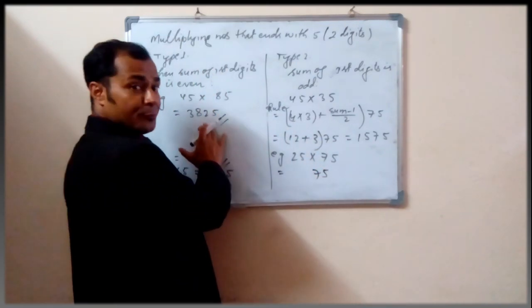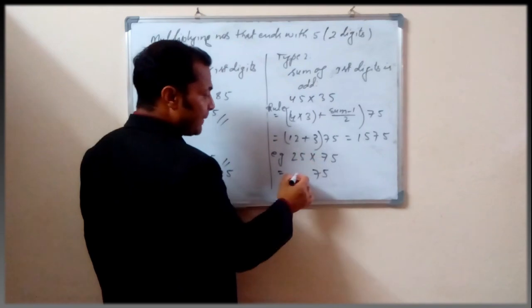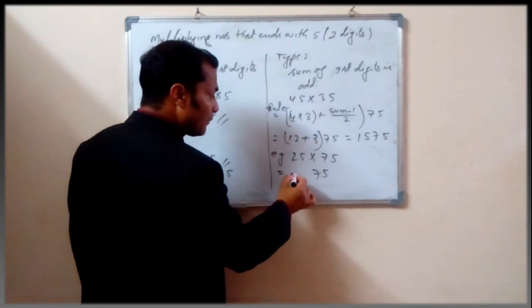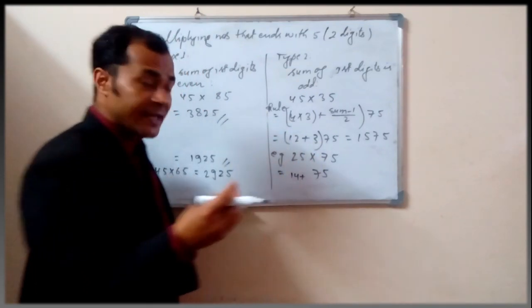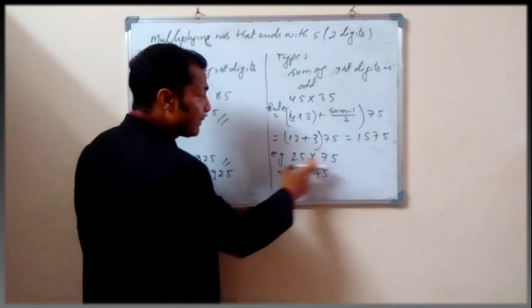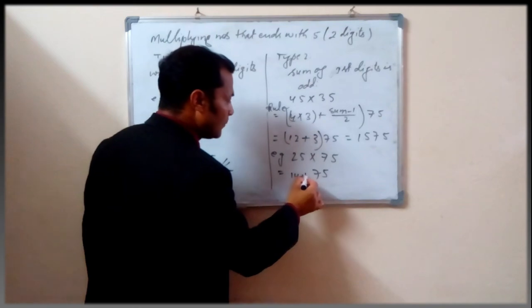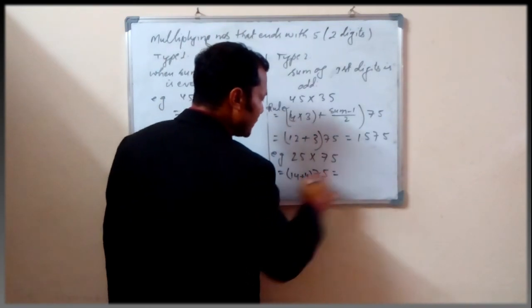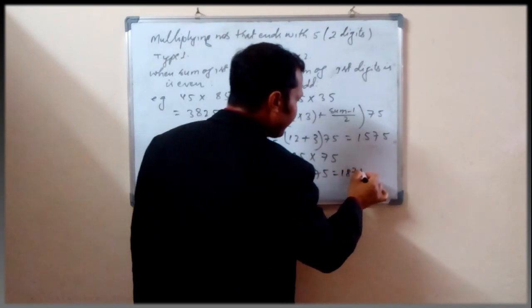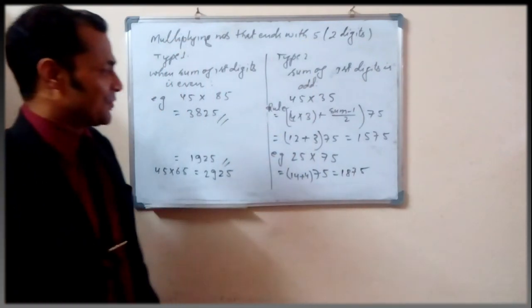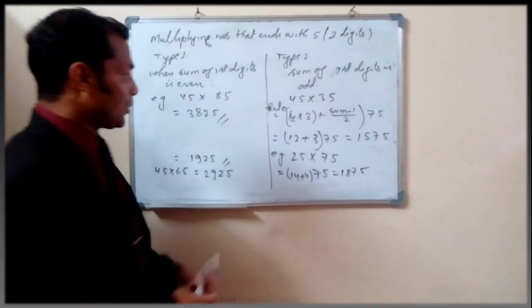In case of even, you're going to keep 25, as I told you. And here 7 2s are 14, plus the extra number you add: 7 plus 2 is 9, minus 1 is 8, and 8 by 2 is 4. So the answer is 1875. Yes, my dear students, this is how you're going to calculate.